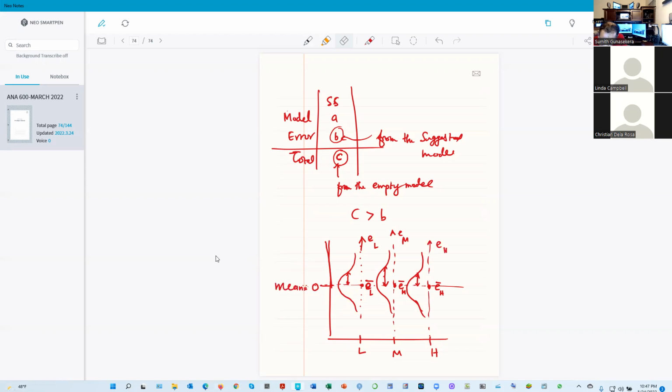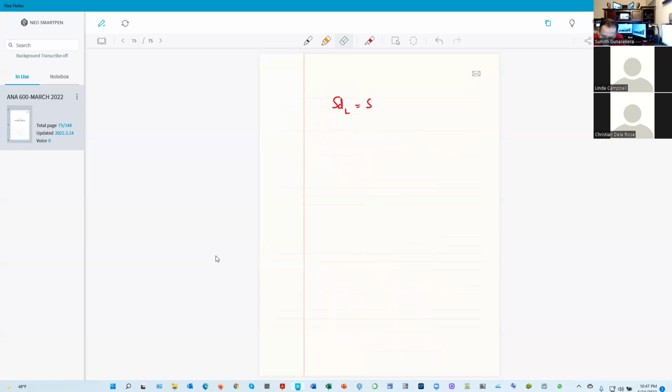Is the standard deviation of the low group equal to the standard deviation of the medium group and the standard deviation of the high group? If they are the same, we say it is homoscedastic. A homoscedastic model.